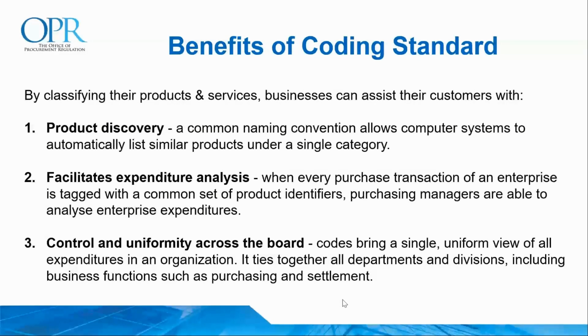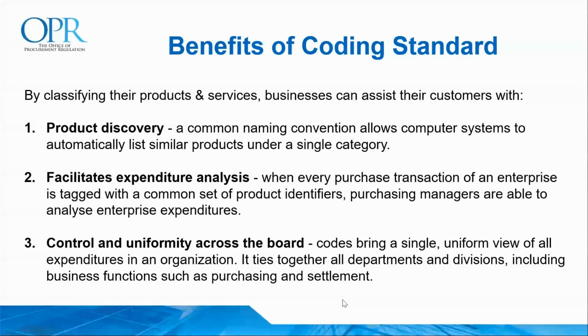So it gives that top-down analysis that's important for businesses to understand where their spend is. And on the flip side, as a supplier, you can use that same code to understand your sales, to understand where your top lines and gross profit margins are at the various hierarchical levels.